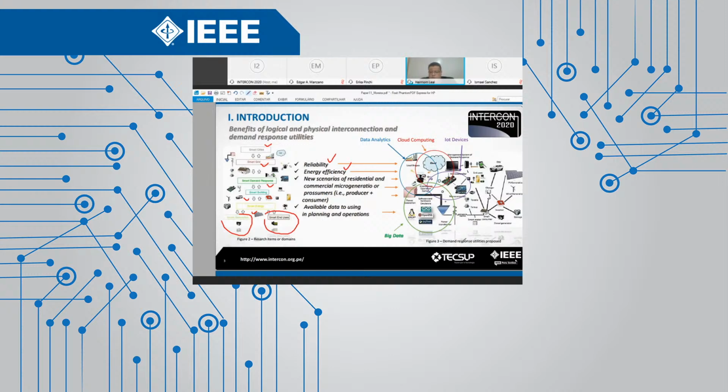In figure 3, we have an illustration of this type of integration. Here we have, for example, renewable energies. Here we have a storage system that can use batteries or another type of storage.